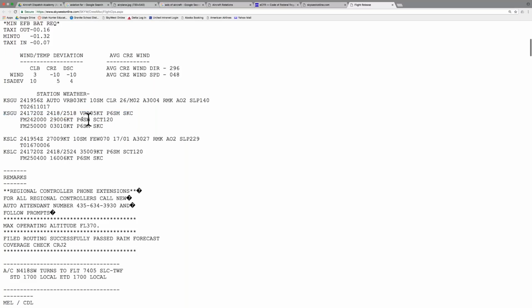And the same with the TAF. The TAF is a forecast of what we expect the weather to do over a period of time. So this gives us, once again, a timestamp on this side, and then it tells us what we expect the winds to do, the visibility and the sky conditions.